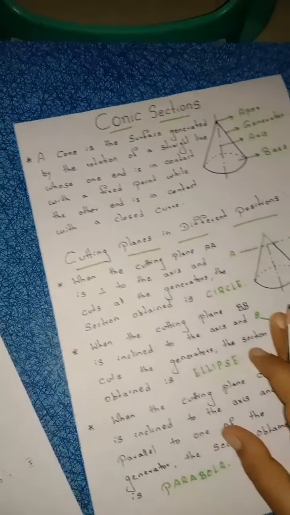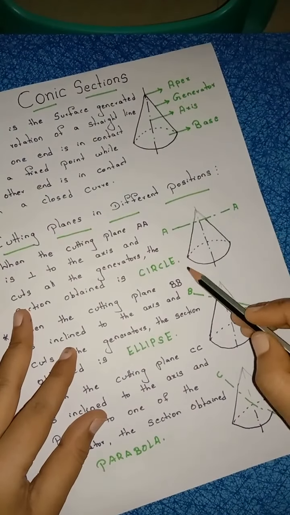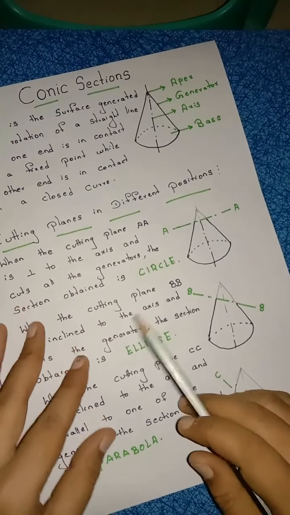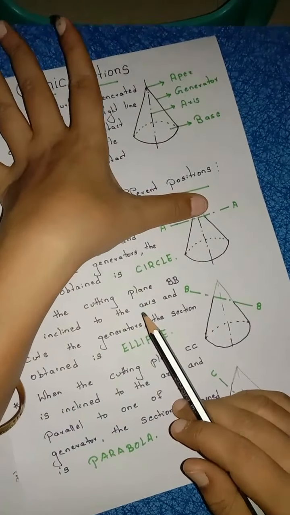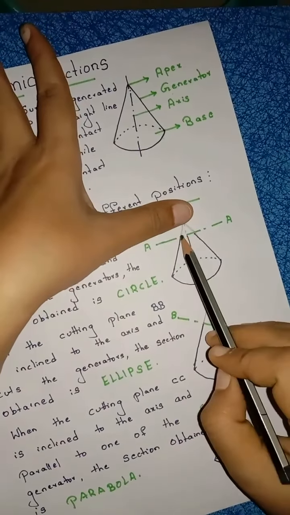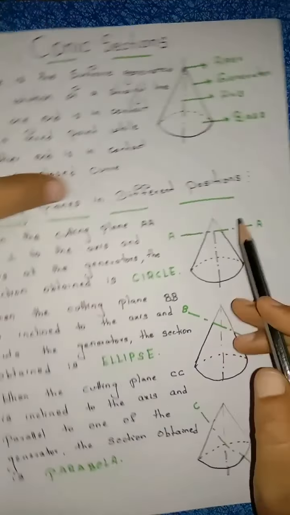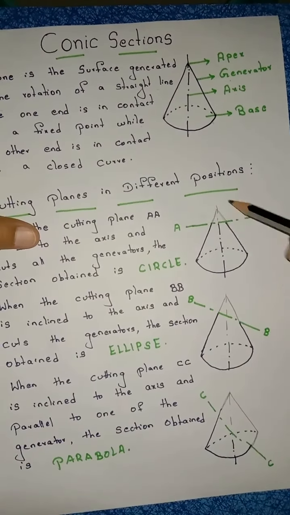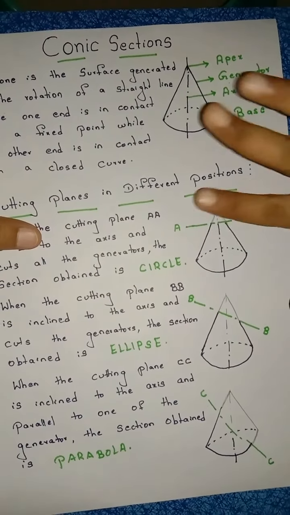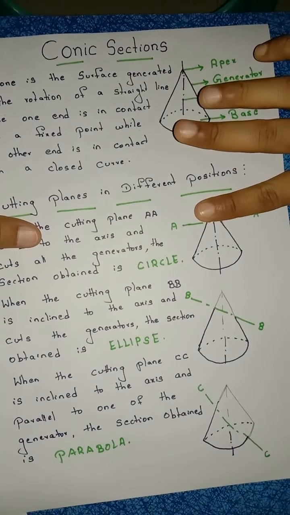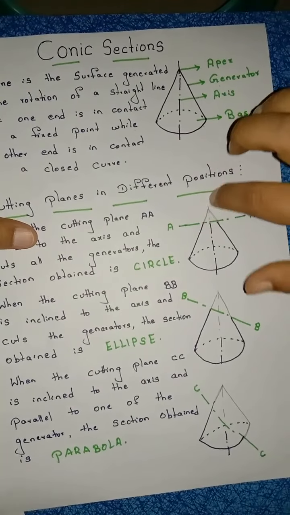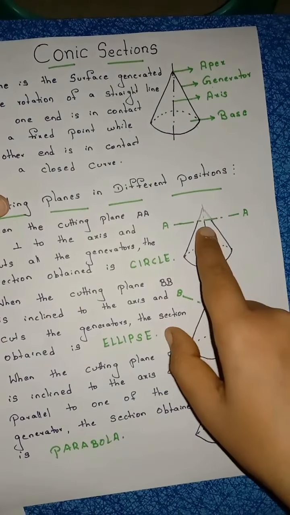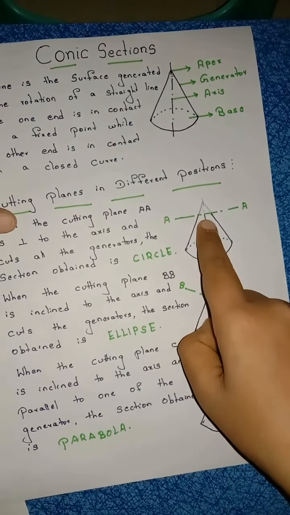Just imagine. See, this is a cone. If I remove this portion, I draw this part in a very light manner with a pencil. When I remove this portion with the help of a cutting plane and you see it from the top view, the section obtained is a circle.